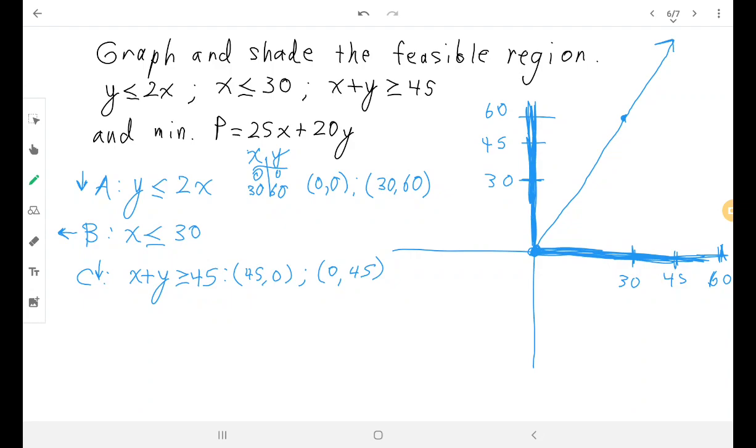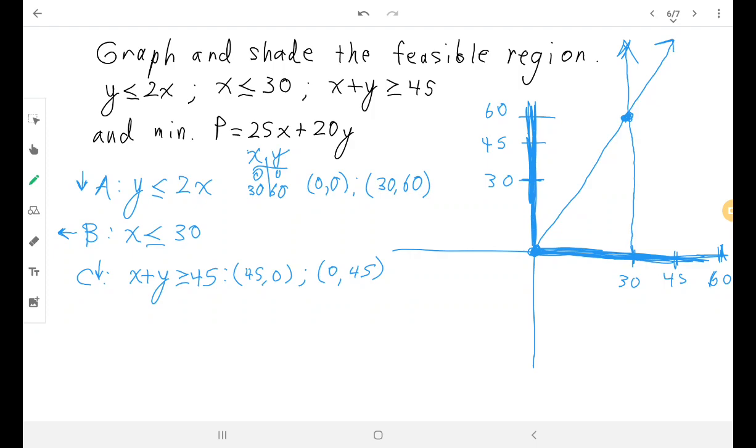Notice that's all in that first quadrant, so it may go on forever, right? And then x equals 30 line is actually going to hit that 30, 60. That may go up forever.